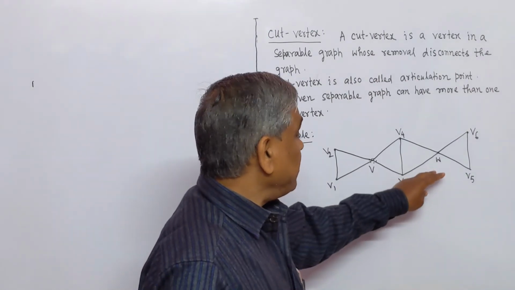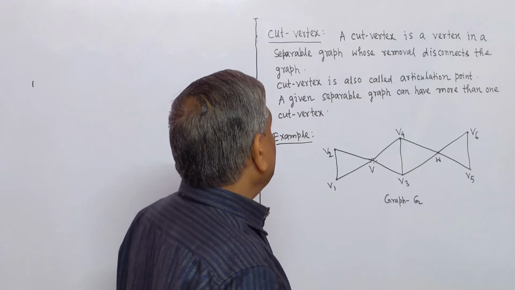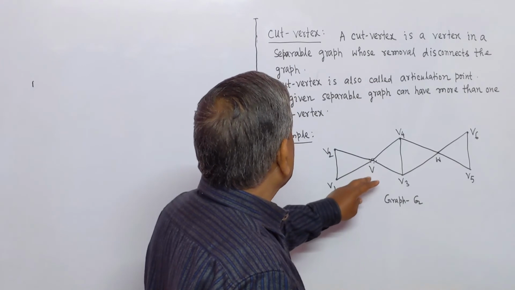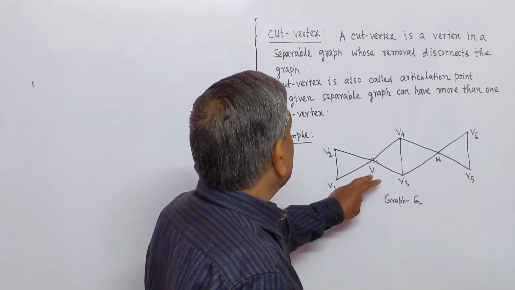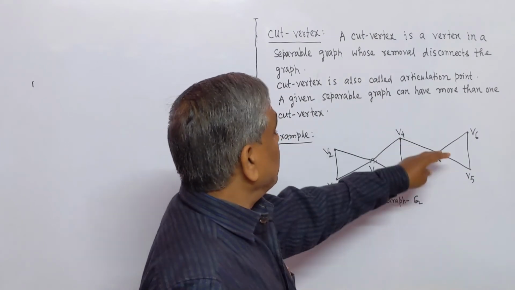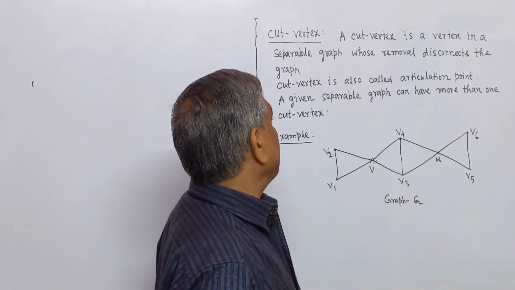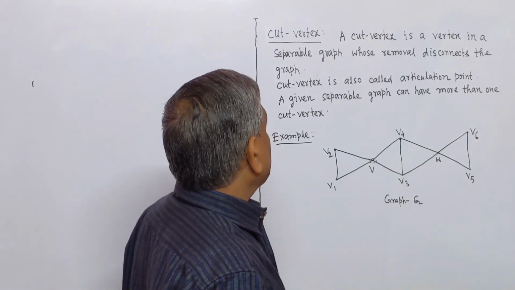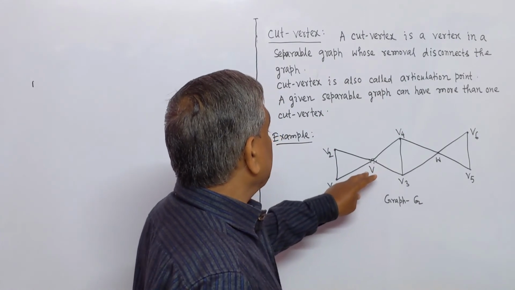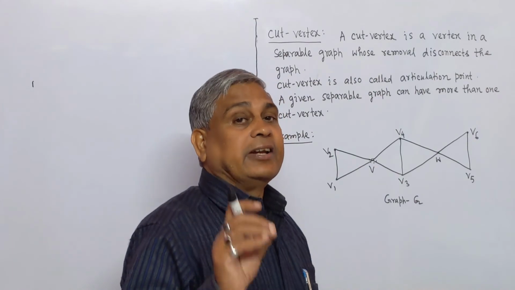That means this graph is a separable graph. And for this reason, this V is called a cut-vertex, and also W may be called a cut-vertex, because if we remove this vertex, the graph is changed into two disconnected graphs.